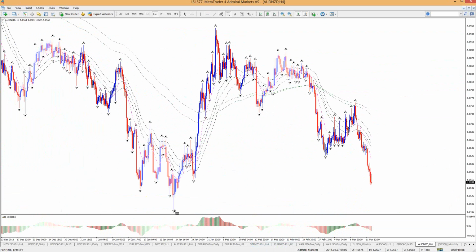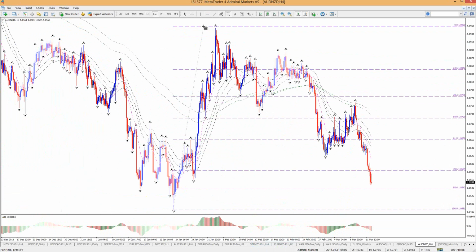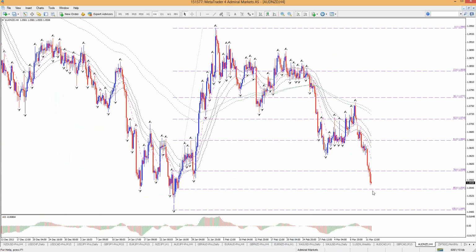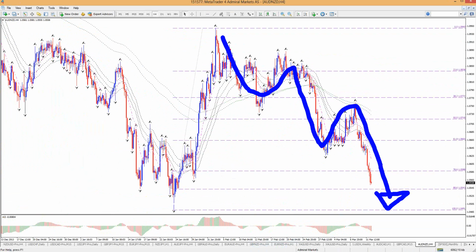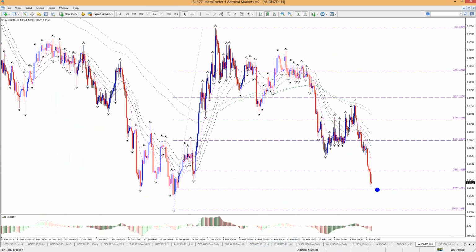If you're a reversal trader, you might want to think about looking for a long, in fact, right at the 88.6 fib. But there is a significant risk involved because of the strong momentum down, that it's just going to be a small bounce, and then who knows, we could continue.